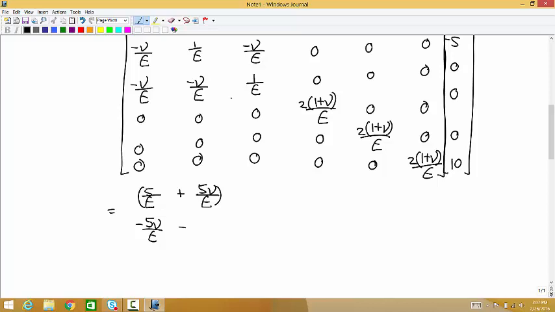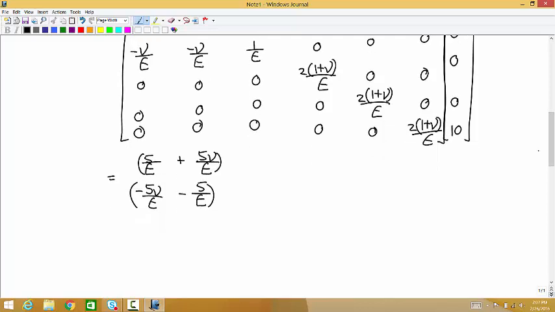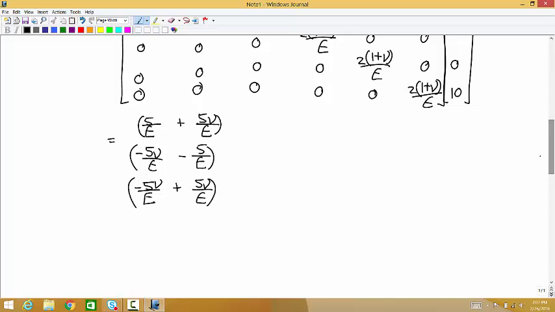But negative 5 over E. And then for Z, you have negative 5 nu over E plus 5 nu over E. And then you have 0, 0, and then 20 times 1 plus nu over E. 1, 2, 3, 4, 5, 6.